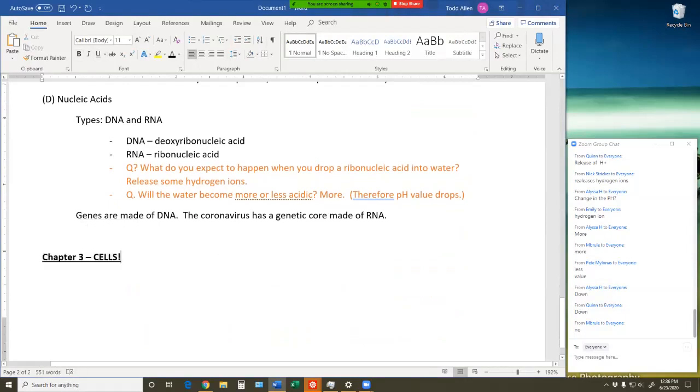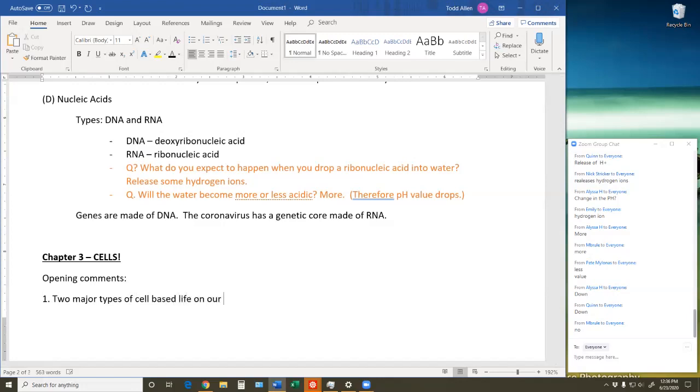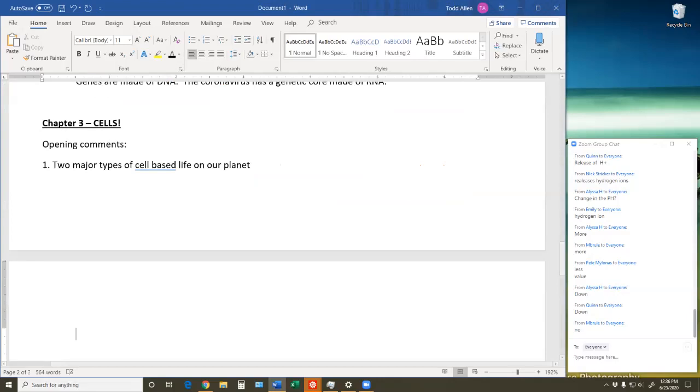Some opening comments, okay? There are two major types of cell-based life on our planet. And they are prokaryotic cells. If you want to know a lot more about this, you need to take a micro course, which I do teach. You should take it in the fall. But at any rate, an example would be bacteria. Bacteria are prokaryotes.